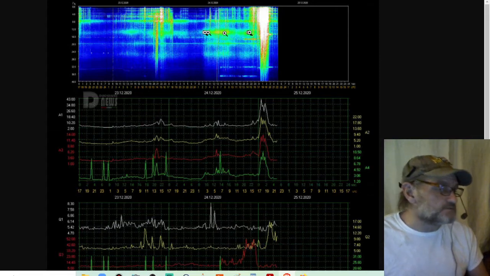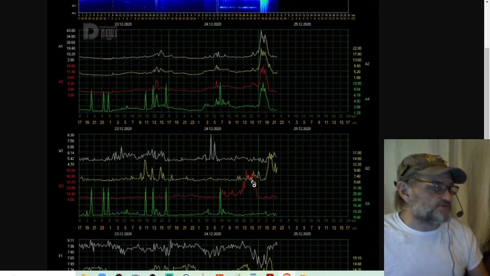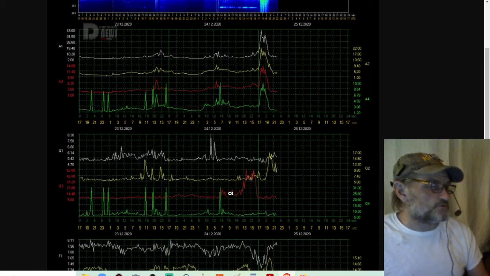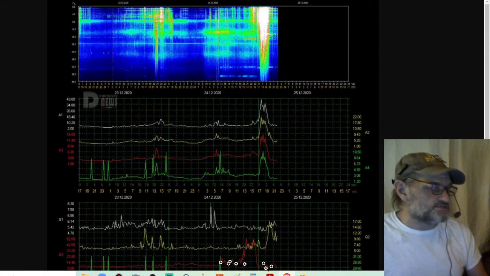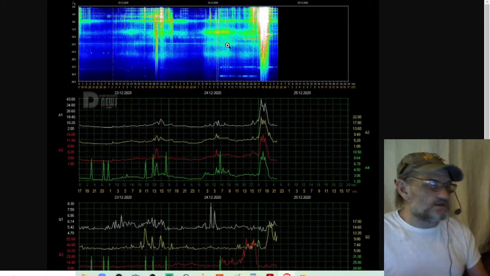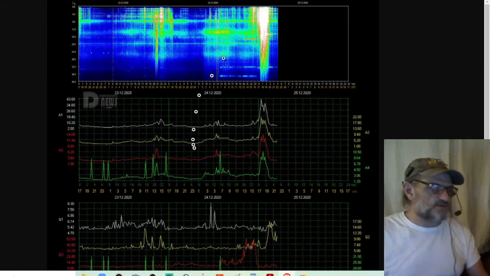You're seeing orange because look at these numbers. The peak of that is 52. Most of it's in the 14, 12, 14, 20 range. So these two together, the yellow and the red, are equaling orange. So these ones here are appearing from heart to heart. Well, that's the magnetics from heart to heart.